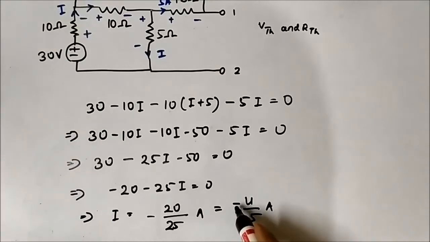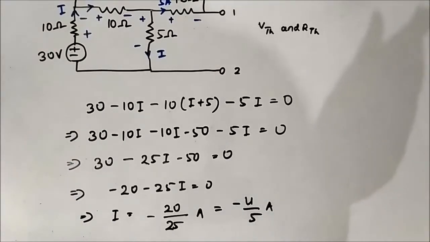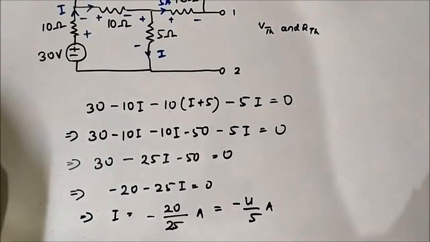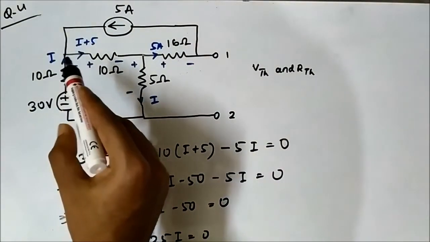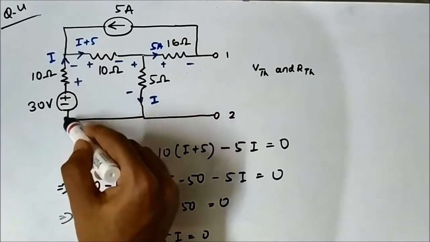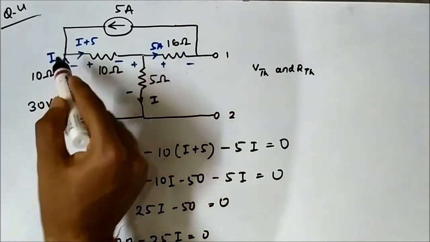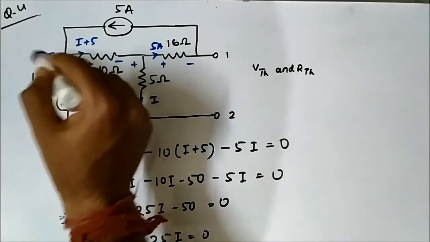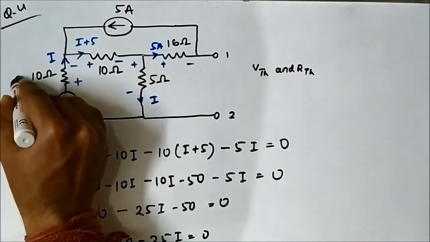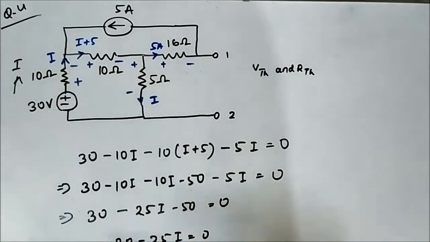I is negative. What this negative essentially means is that the current direction that we assumed, starting from the 30 volt, the direction of I that we assumed here, is the opposite of that.